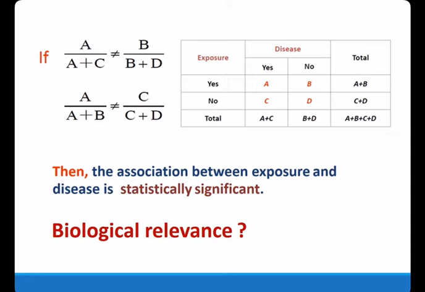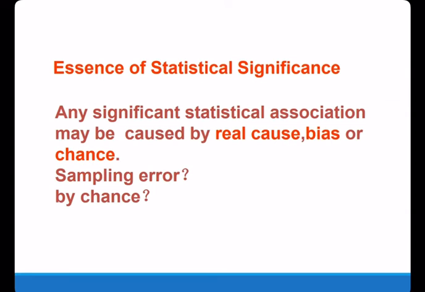Then we need to consider more. Actually, even though it is statistically significant, any such result for the association may be caused by a real cause, bias, or even chance. We need to consider the sampling error around this statistical significance, and also think about whether the finding is just a chance finding.